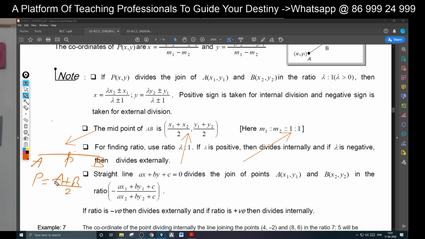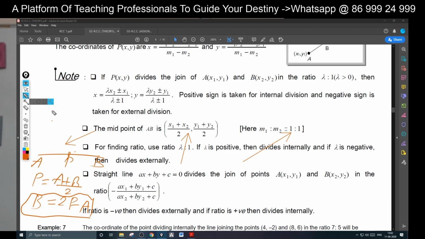And if you are given midpoint and you have to find out the other extremity, that is, A and P are given, P is said to be midpoint of AB, then how to write B? B simply, you can write it as twice P minus A. Not a short form, it is your common sense, you can understand that.